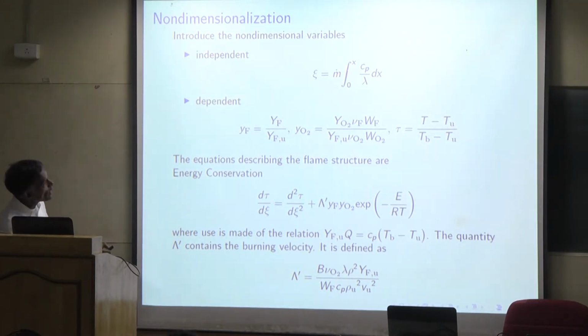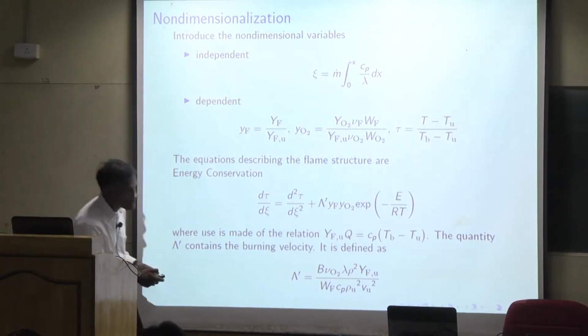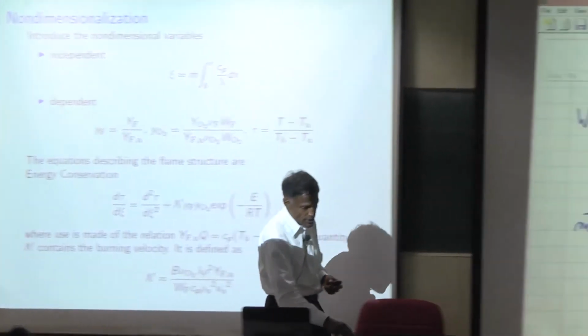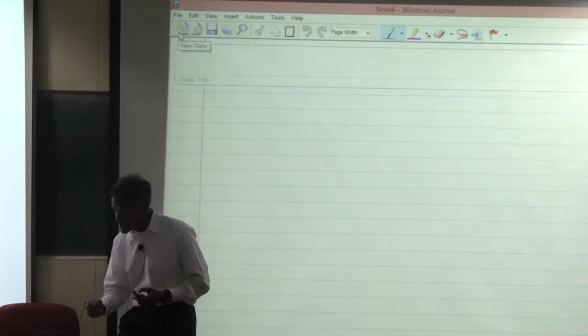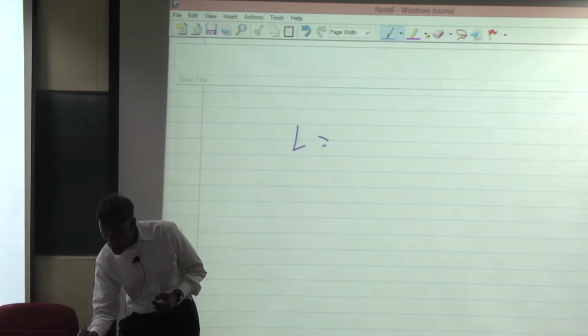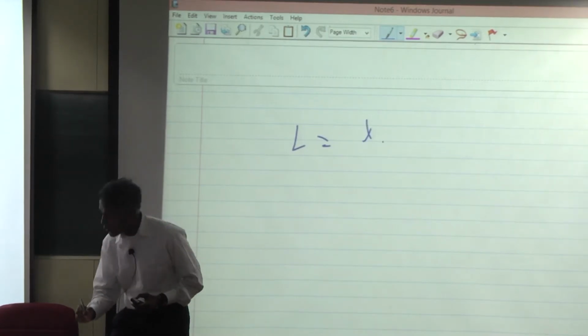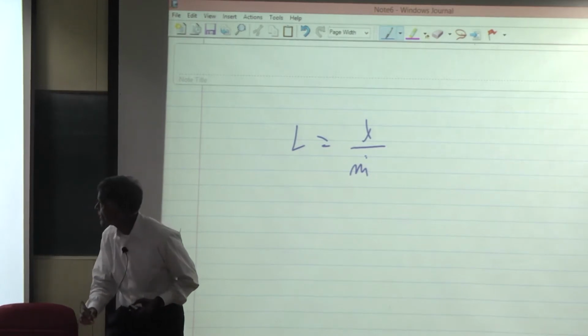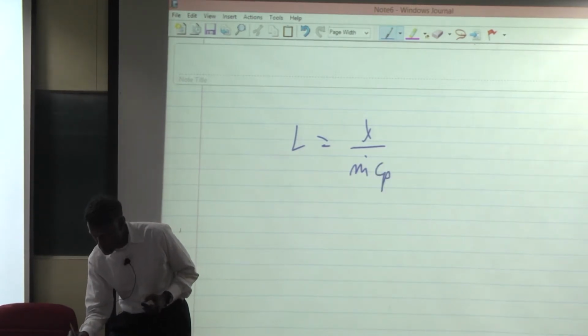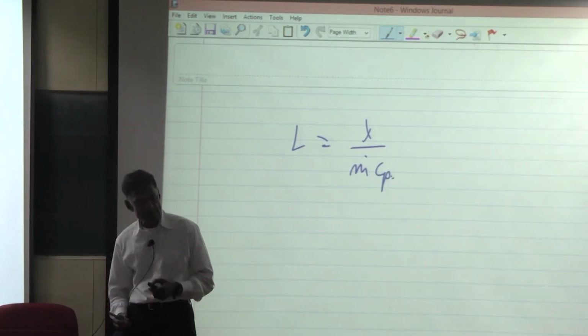And this has units of 1 over length. So the length scale that's used in this particular problem, L, is lambda over m dot Cp, okay, so that's the length scale, all right?